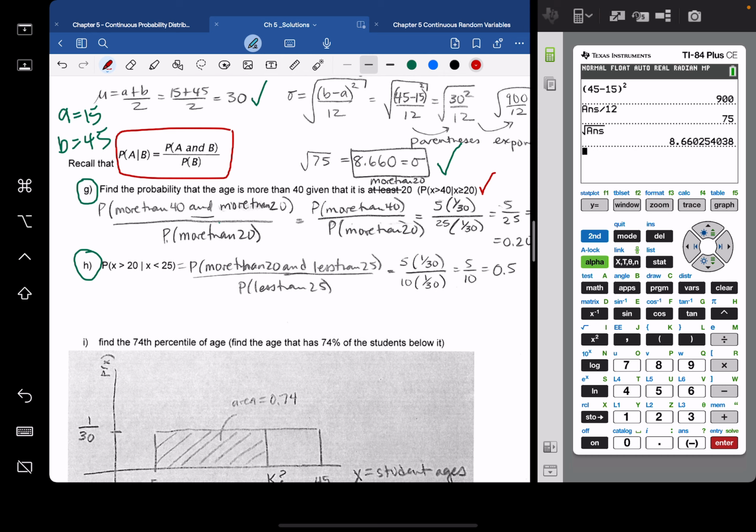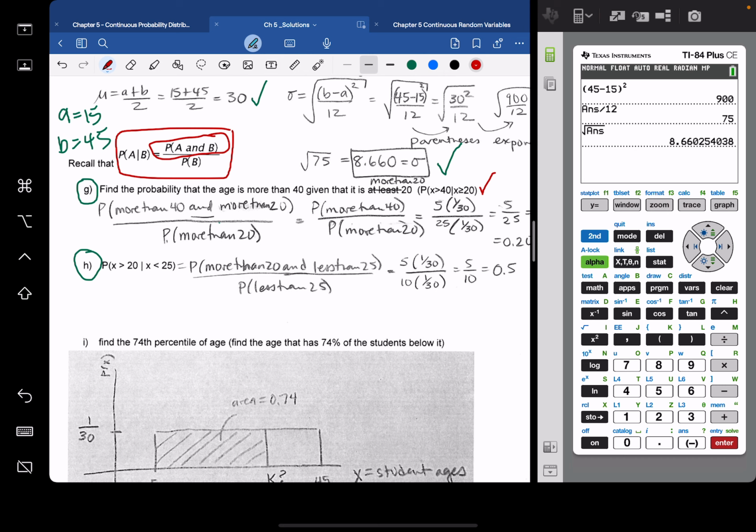Okay, so probability of more than 40 and more than 20, right? Because I'm following this, and then divided by the probability of more than 20. And then I have to go through, okay, well, the probability of more than 40 and more than 20 really is just the probability of more than 40. And the probability of more than 40, that rectangle would only be 5 units wide because it's from 40 to 45.